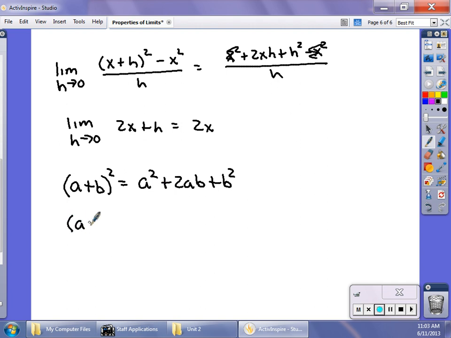If you have a plus b cubed, it's a cubed plus 3a squared b plus 3ab squared plus b cubed. All this algebra 2 stuff that you need to know, all those formulas, and really, like I said, it's the algebra stuff that gets to be difficult. It's not necessarily the calculus or the limits.